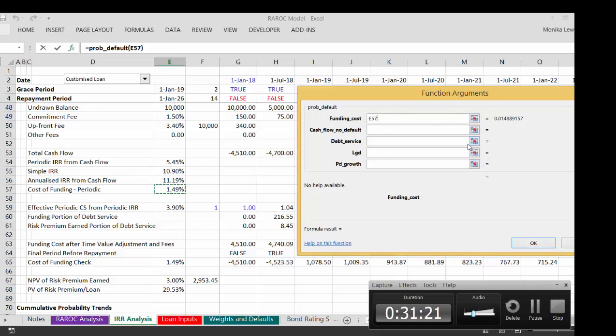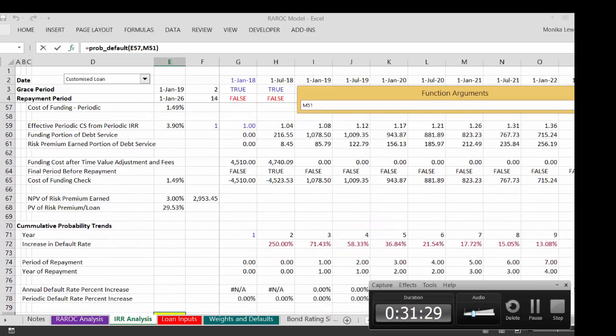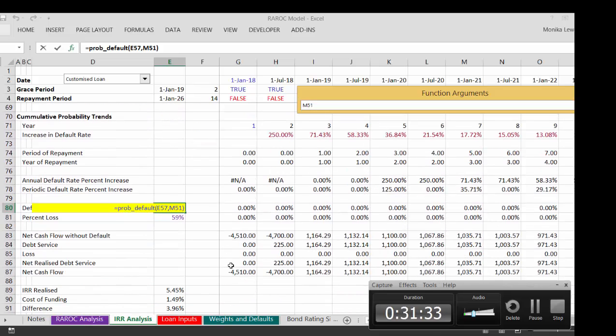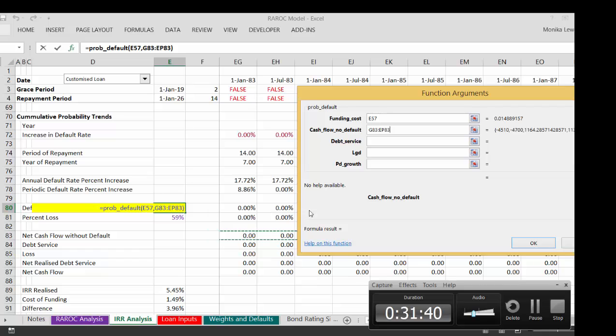Now the cash flow with no default is this. And I like to sometimes be able to click on the entire line. I've not done it this time. Shift Control right arrow, and you can see that right now we haven't got an answer.